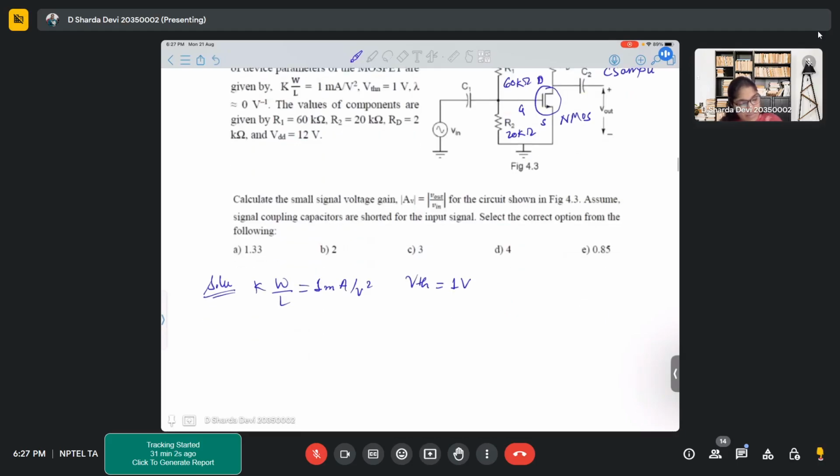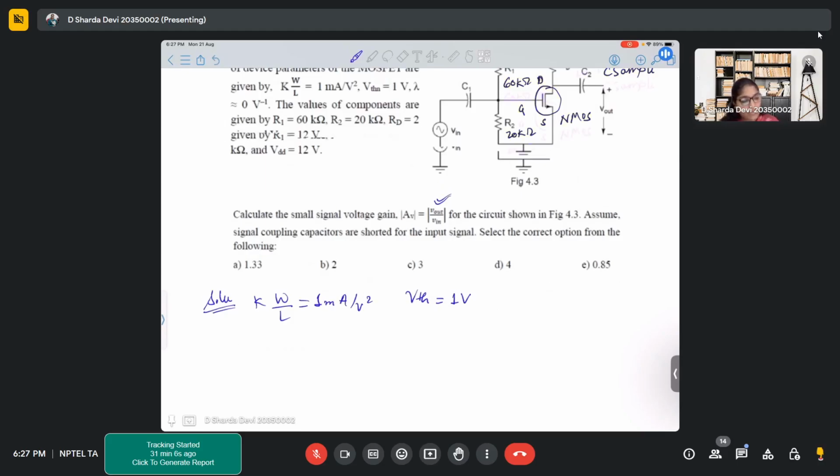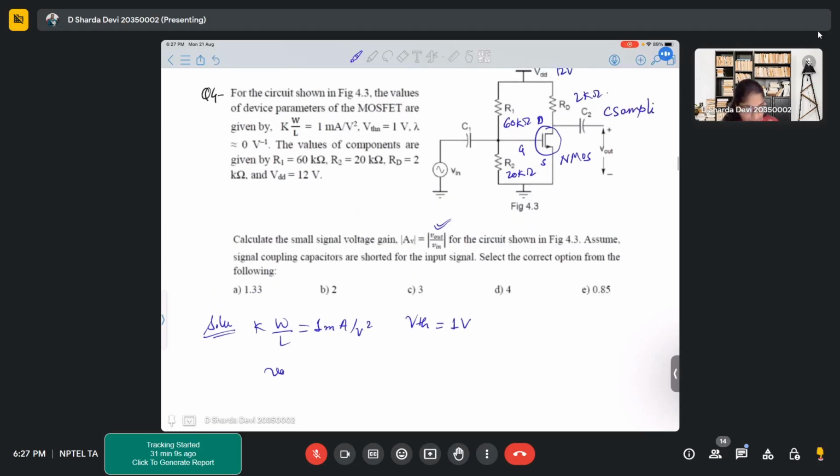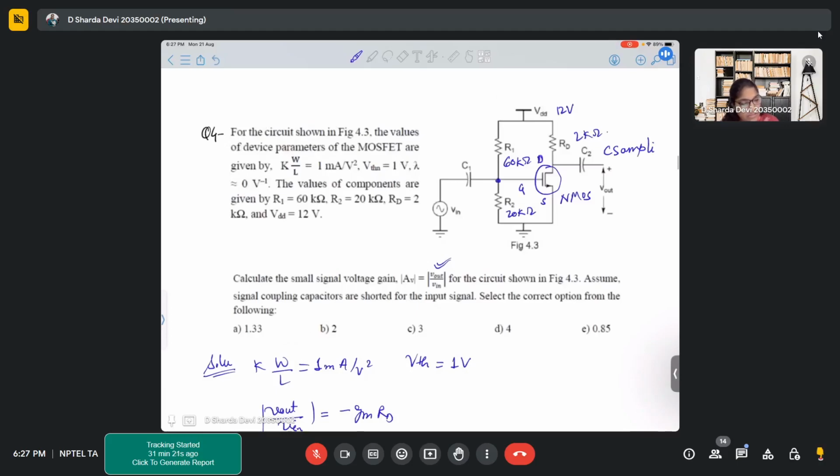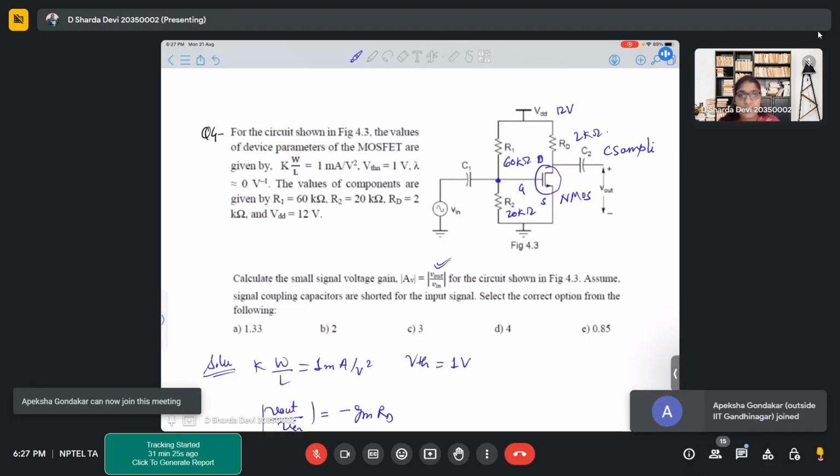We have to find again the voltage gain. Now here what will be the formula for voltage gain in this new circuit? Minus gm into Rd. Right? Because whatever voltage that you are applying, it will directly drop across your VGS.